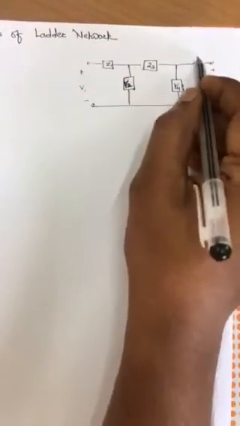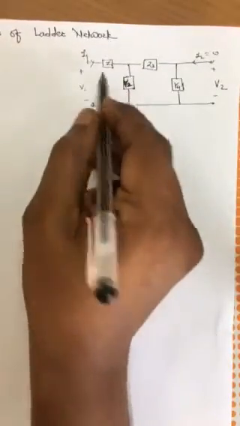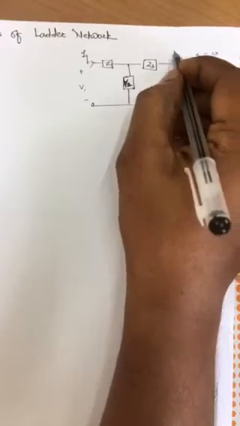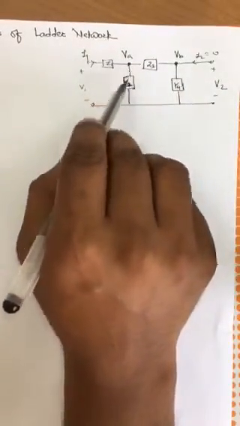Now in this network the current I2 is 0. In this port the current is I1, and in the other port the current is I2. This terminal voltage is VB, and this terminal node voltage is VA. So I have kept all the parameters.